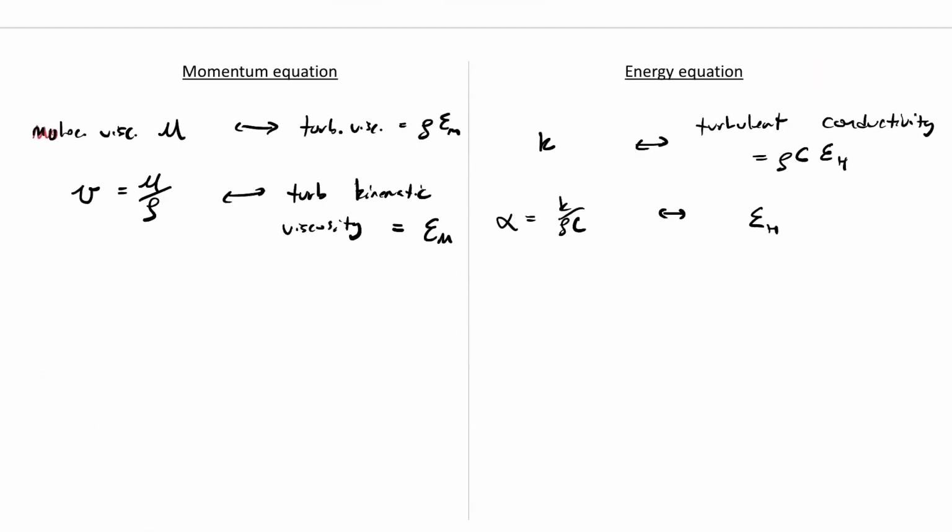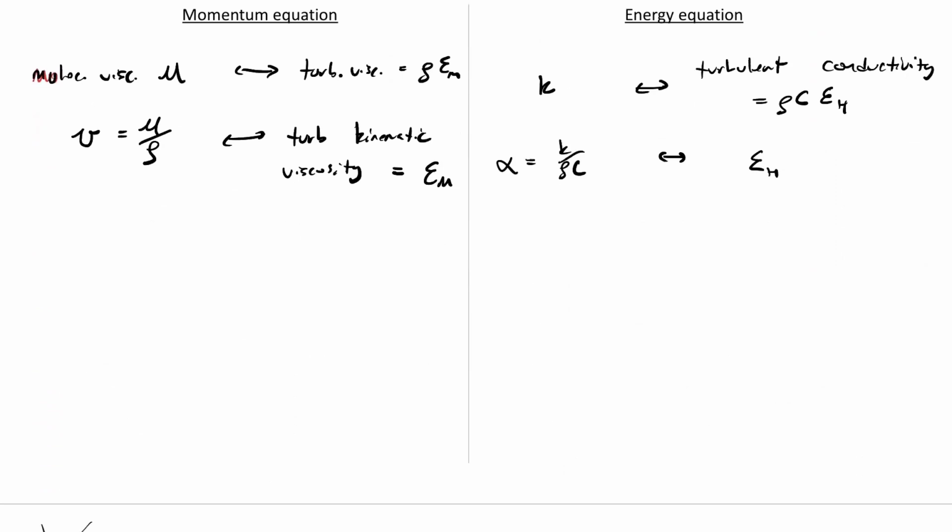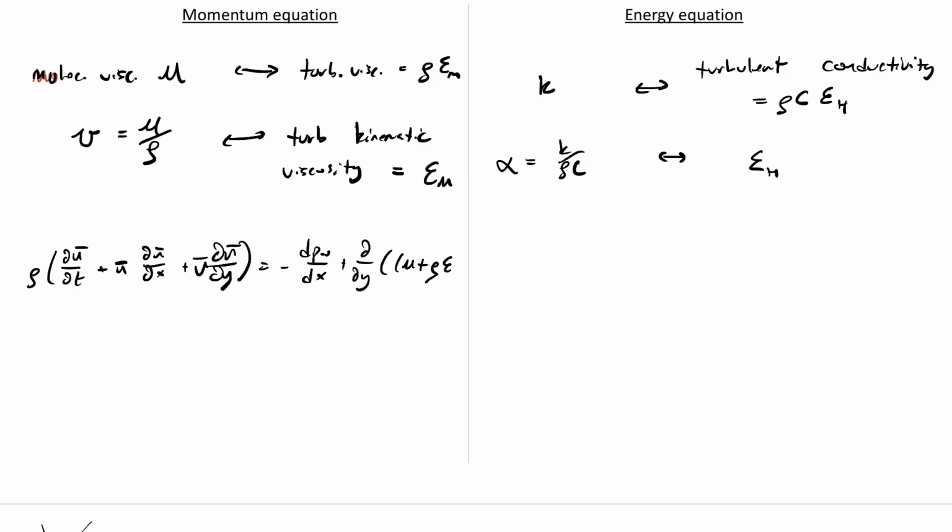On the momentum side, it's the same as before: rho times du bar dt plus u bar du bar dx plus v bar du bar dy is equal to minus dp infinity dx plus now d dy of mu plus rho epsilon m times this gradient du bar dy.